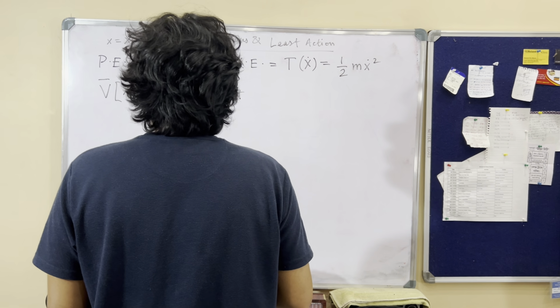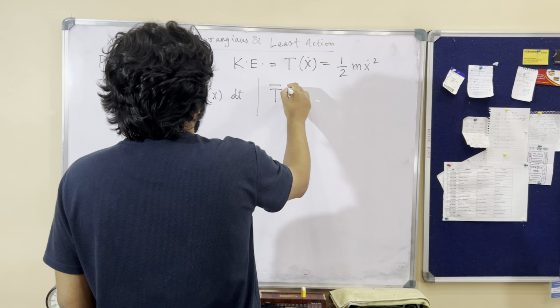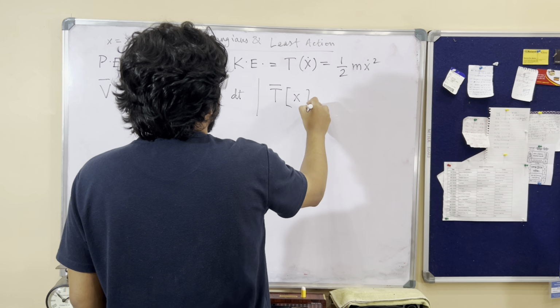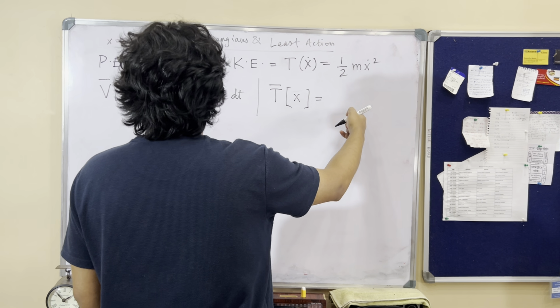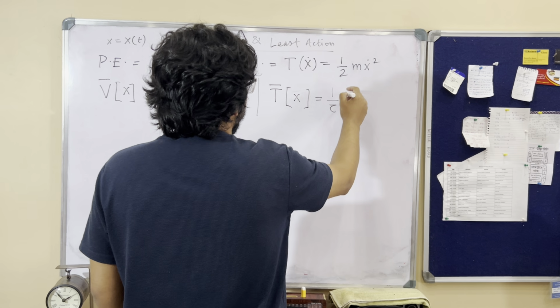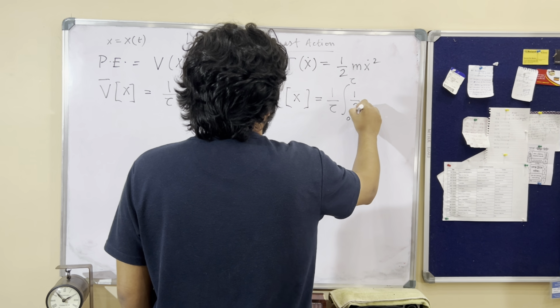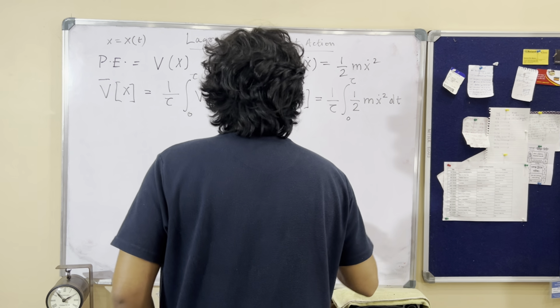And also the average kinetic energy, that's a function of x dot, where x is in a derivative form in the expression. So this becomes half m x dot squared dt.